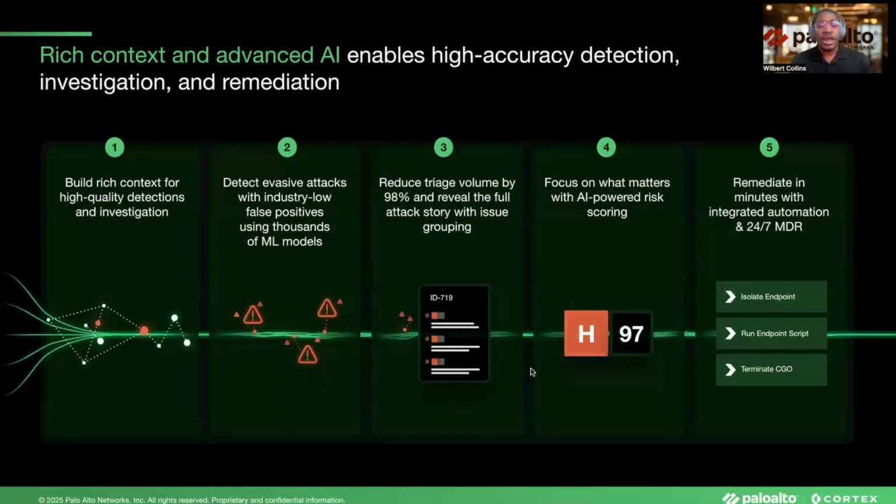So to get into the next portion here, when we're talking about the rich context and advanced AI, what's going to happen is that we utilize machine learning to build rich context and high quality detections and investigation, then detect the evasive attacks with industry low false positives using thousands of machine learning models, as well as reduce triage volume by 98%.